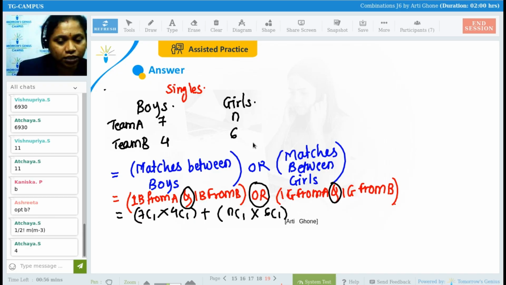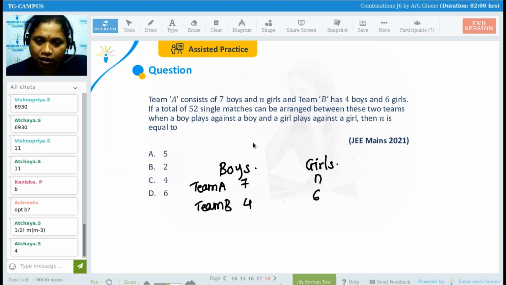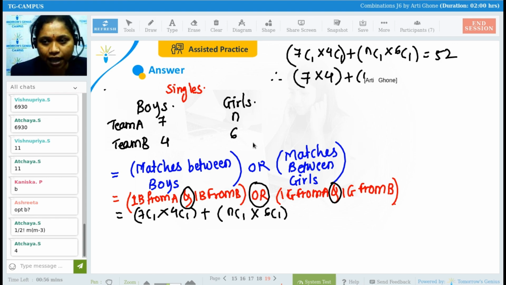So my total expression is 7C1 into 4C1 plus nC1 into 6C1, producing 52 single matches. So the total count is given as 52, and with the properties we know that 7C1 is 7, so 7 into 4 plus n into 6 is equal to 52.